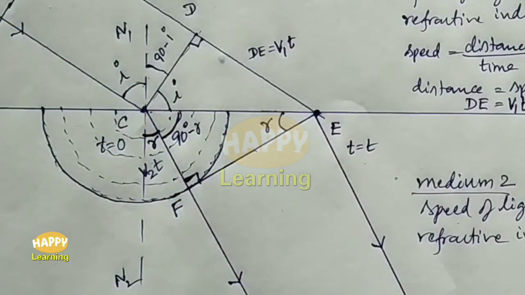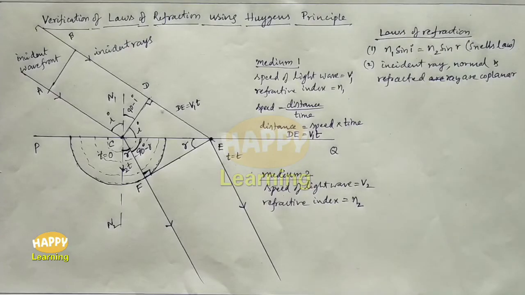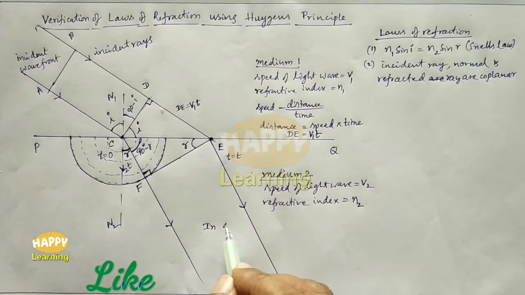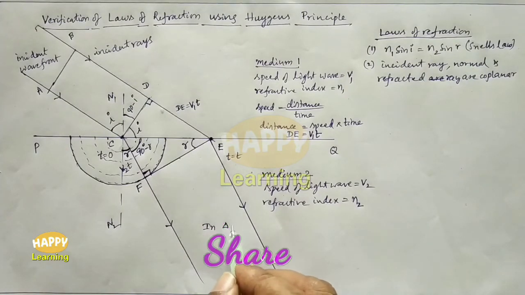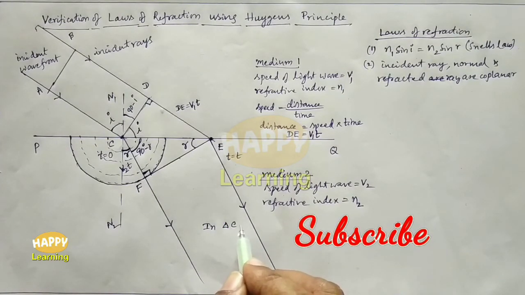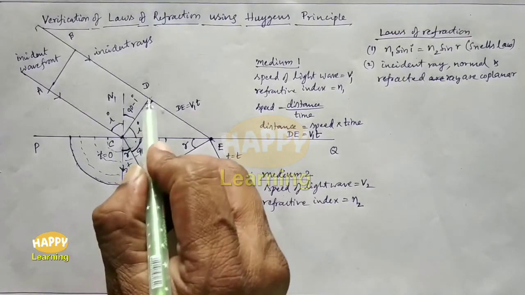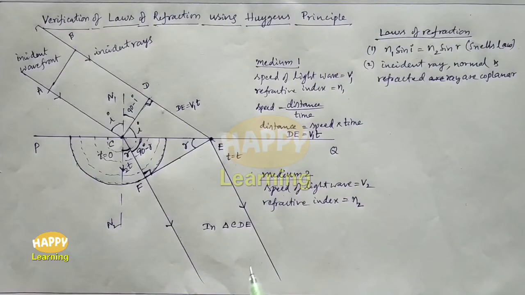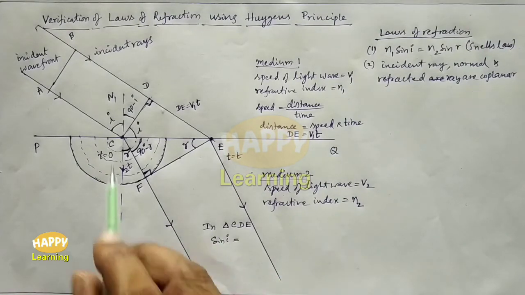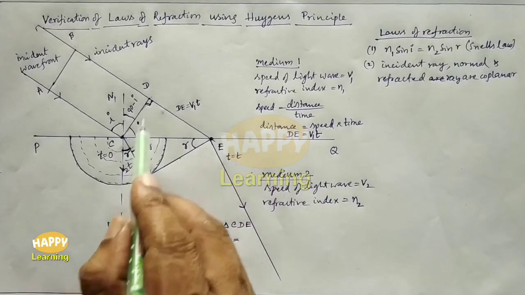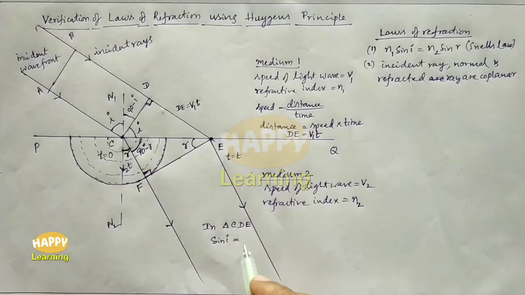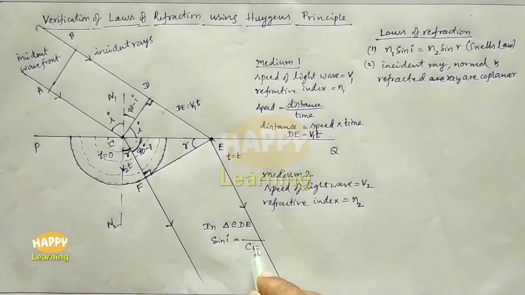Now, in the right angle triangle CDE, sin I is equal to opposite by hypotenuse. This is 90 degrees, so this will be the hypotenuse, CE.